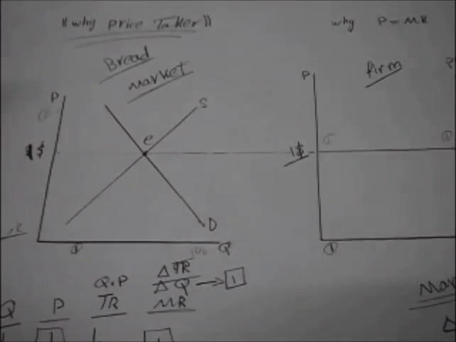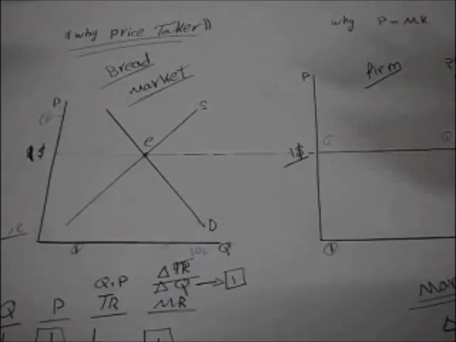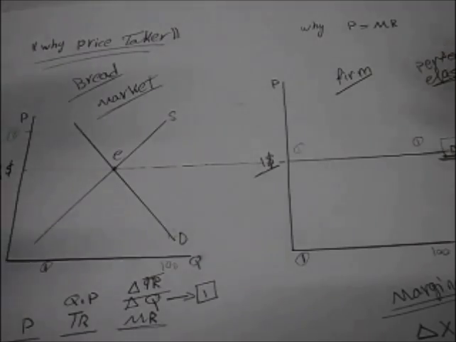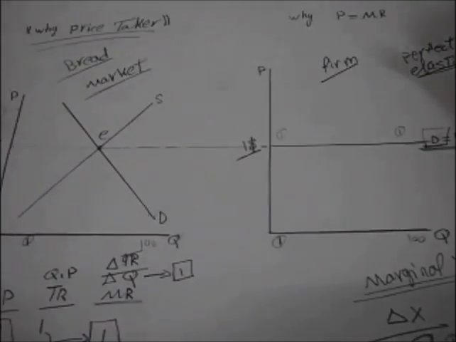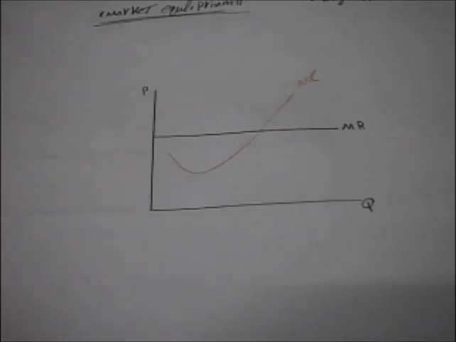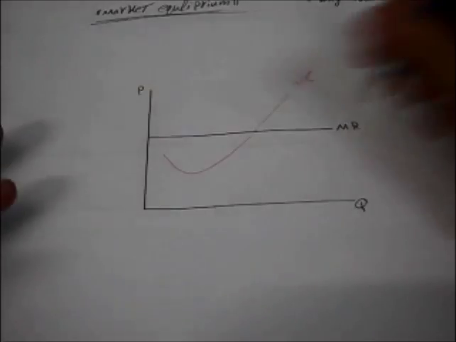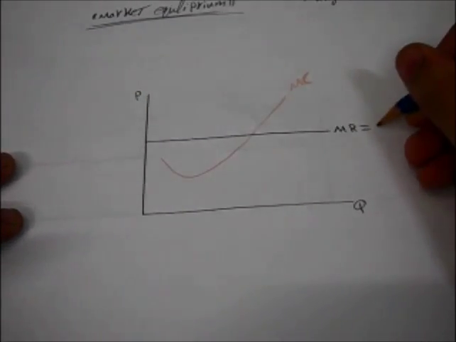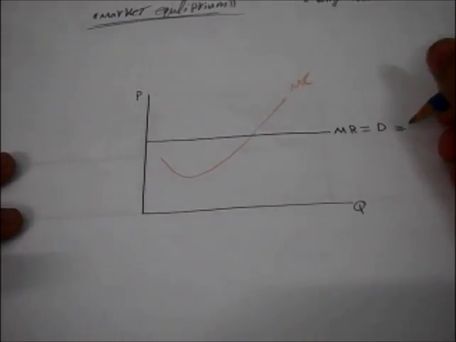I hope by now that you understand more about the demand line or the demand curve for the perfect competition market, for the firm, of course. What I want to do next is to understand how the firm can maximize its profit, given that the demand line is a perfectly elastic horizontal line.